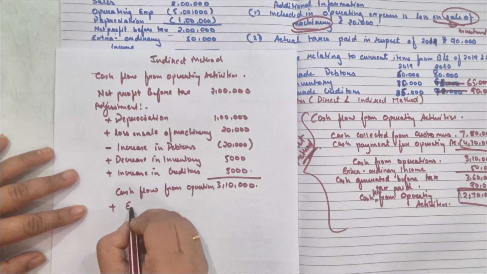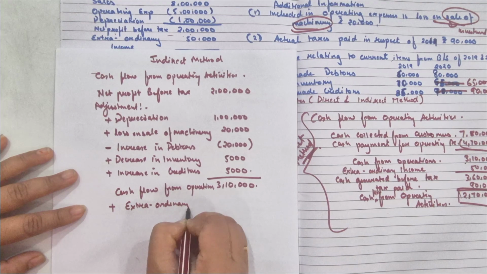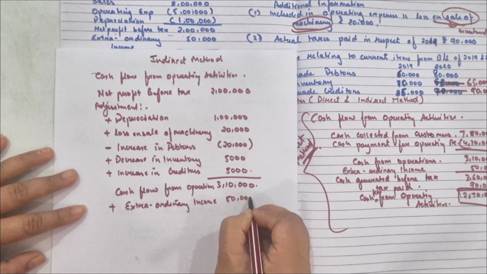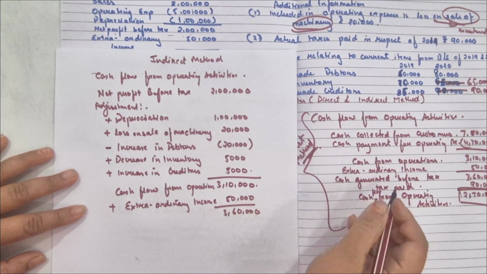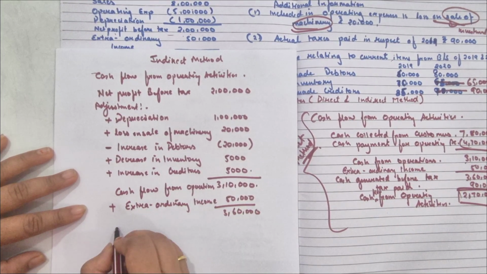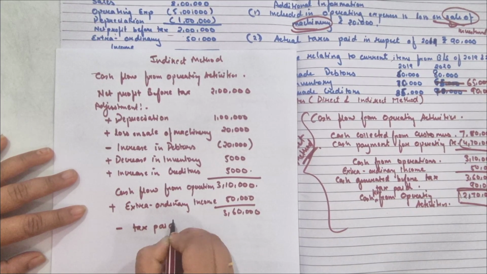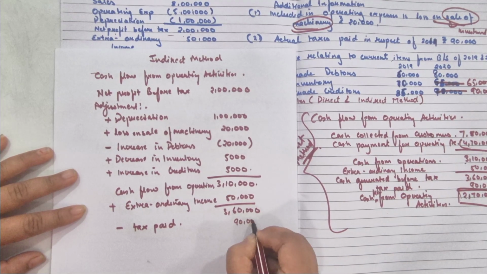Now, like we reached the same point, we will add the extraordinary income of 50,000, that is 3,60,000. And here we have also subtracted the tax paid. So we will deduct the tax paid of 90,000.